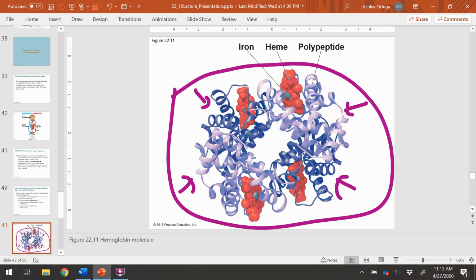And then they also have these molecules called heme. There's 4 of them, and each heme molecule has an iron mineral there. And so that iron is very essential. It's going to bind the oxygen. And so for each hemoglobin molecule, it combines 4 molecules of oxygen.